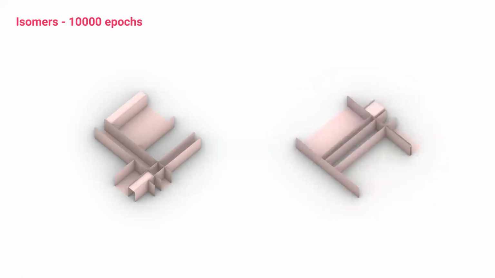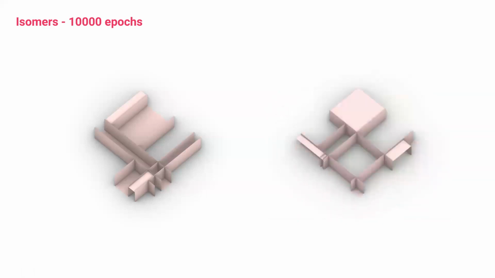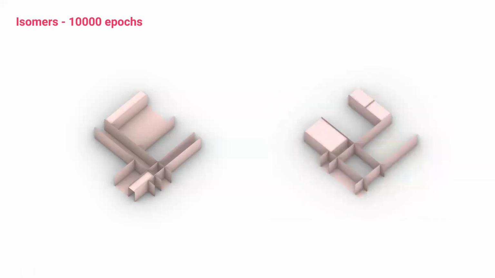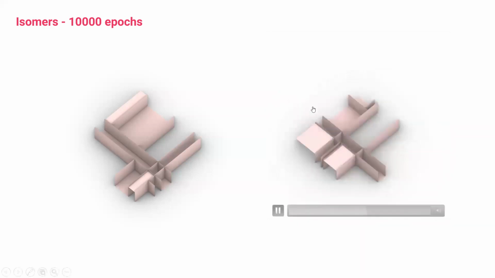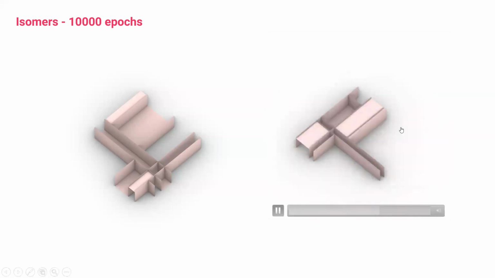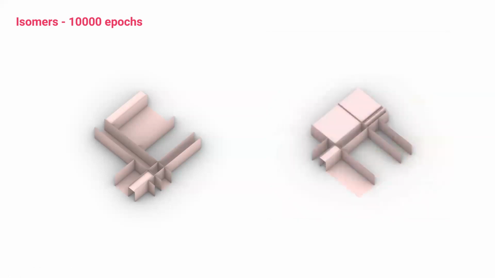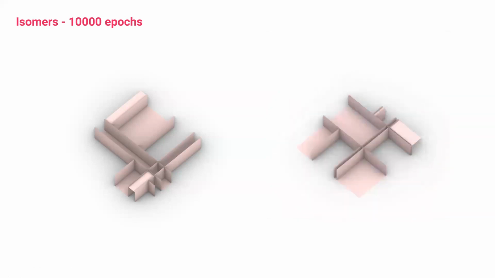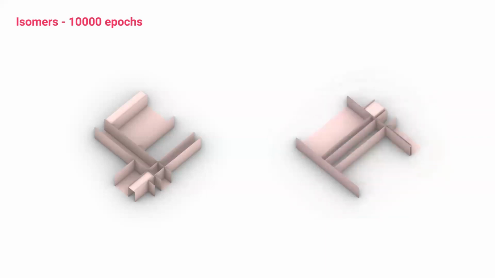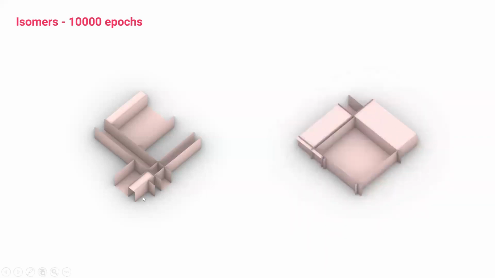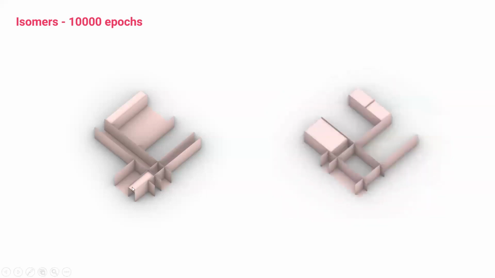If we increase the number of iterations to 10,000 from 1,000, then we start to get absolutely clean isomers or variations. And if you count the number of walls, you'll find that the number of walls remains the same. Keep in mind, we didn't explicitly mention that there are 2 continuous walls in one direction, 2 continuous walls in the other direction. We didn't explicitly mention that wherever we have a roof, it needs to be watertight to the walls around it.